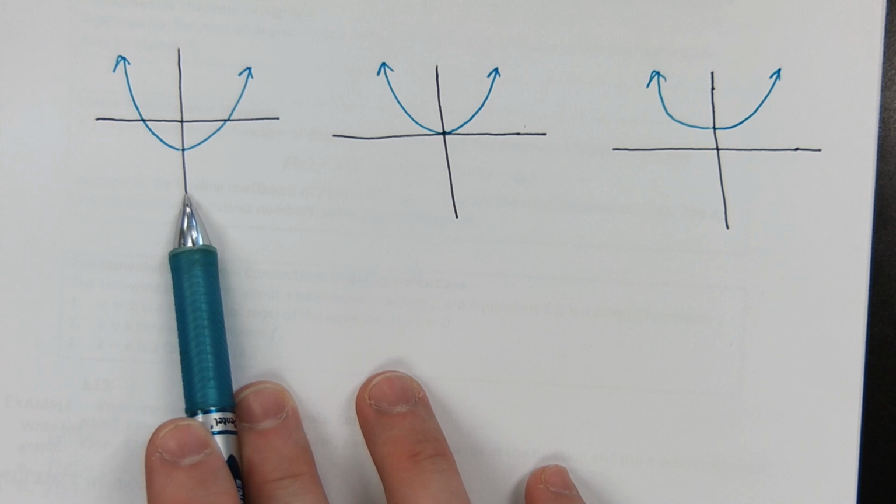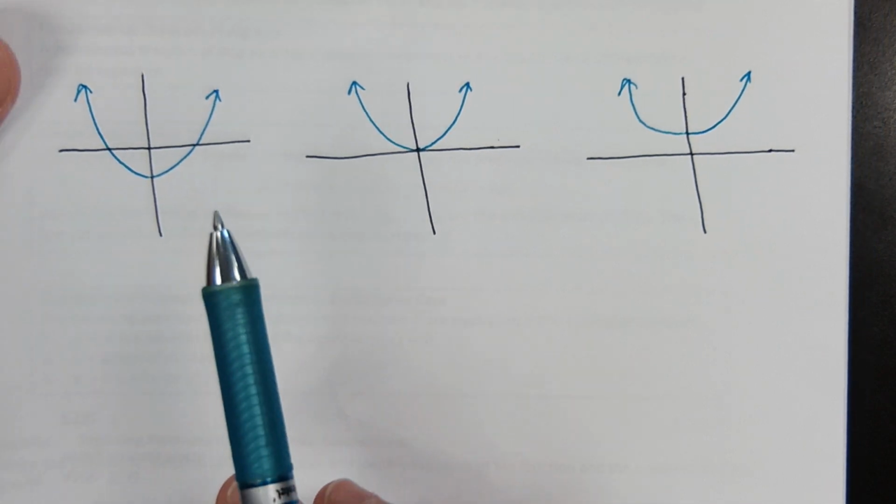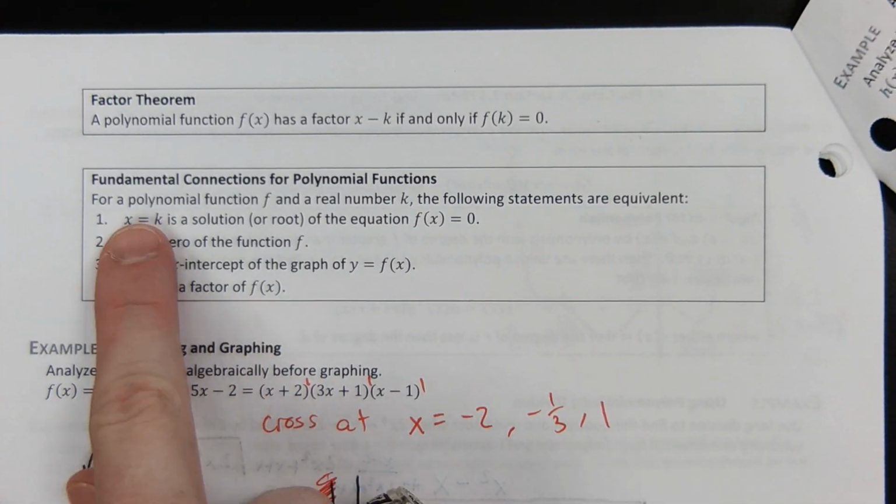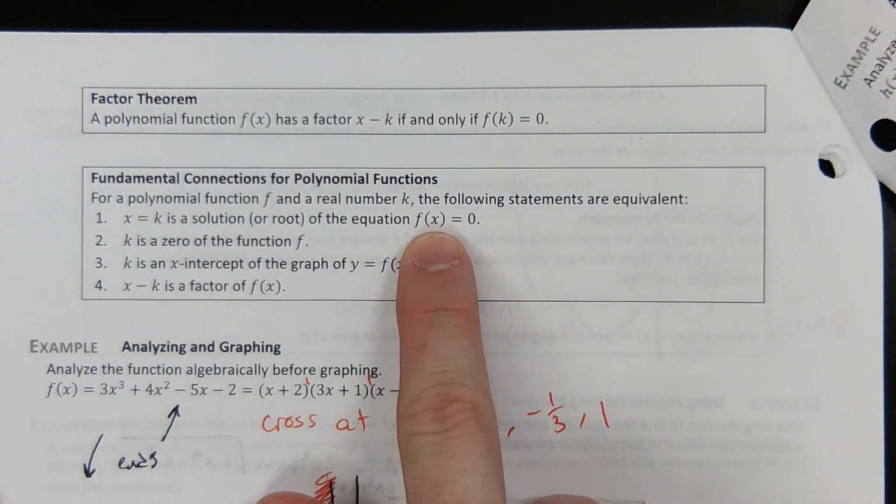He says dos, 2. Why 2? Not because it crosses the x-axis twice, we say this thing has 2 solutions, right? But we also talked about the fundamental connections that we talked about recently. We said that if k is a real number, a whole bunch of things were the same statement: k is a solution of the equation f of x equals 0.